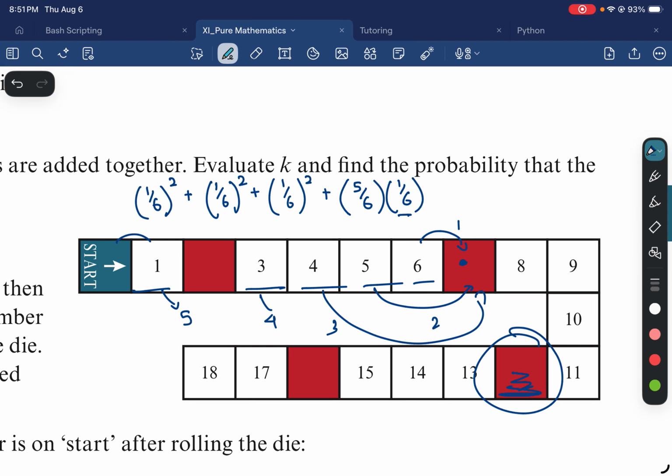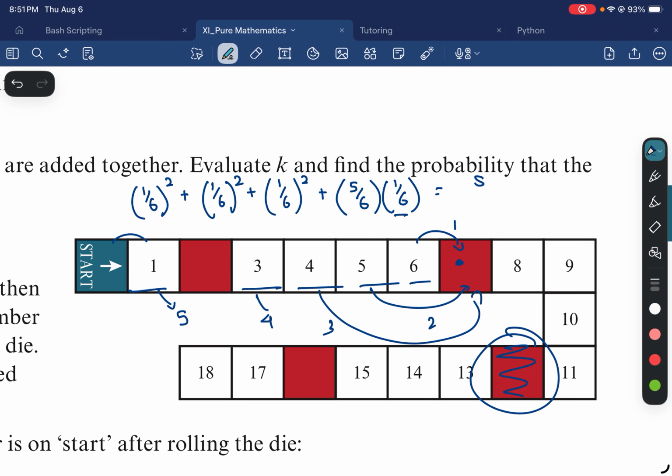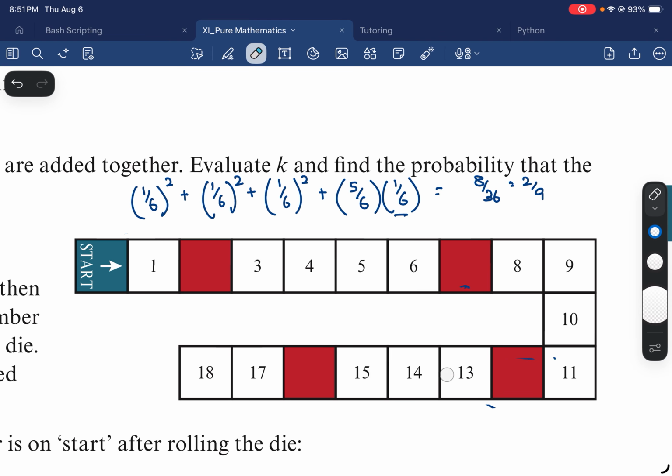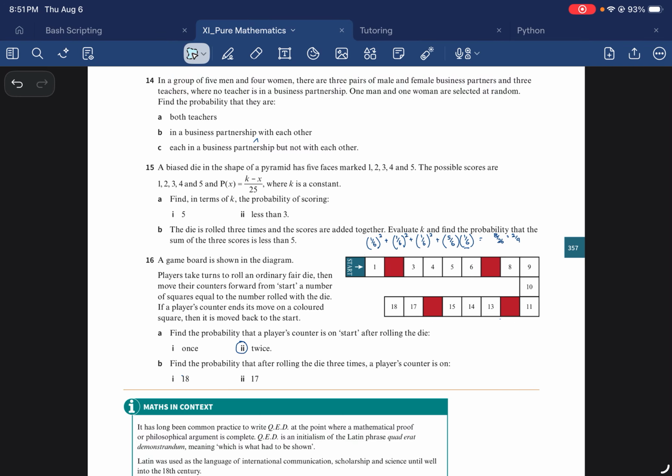And I don't need to worry about going to this one because I've already counted it in my possibilities. So this one will also give me 8 over 36. That is 2 over 9. So there are 5 safe squares, and then one roll can take me to this red square. So that is how you can approach question 16 part A, part 2.